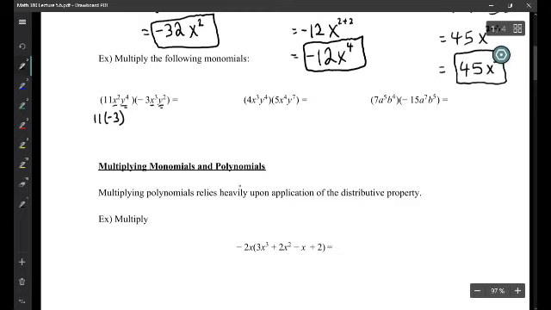So you get x squared times x cubed times y to the fourth times y squared. And that is negative 33. X to the 2 plus 3, 5. And y to the 4 plus 2, 6.